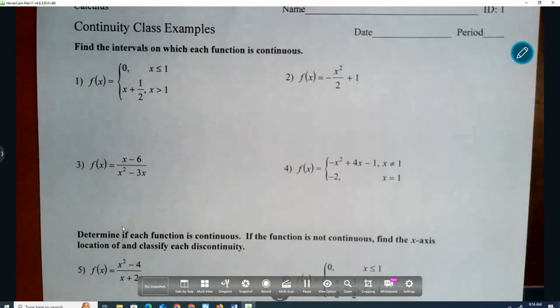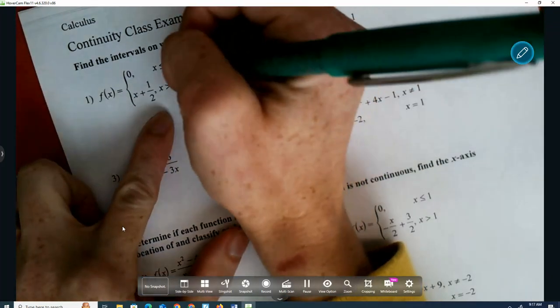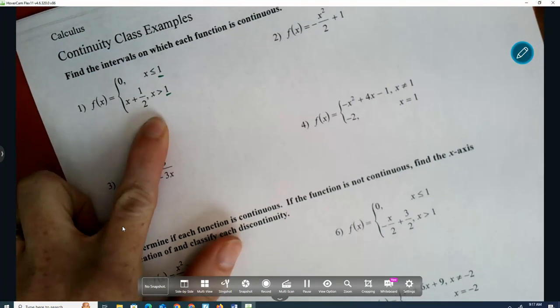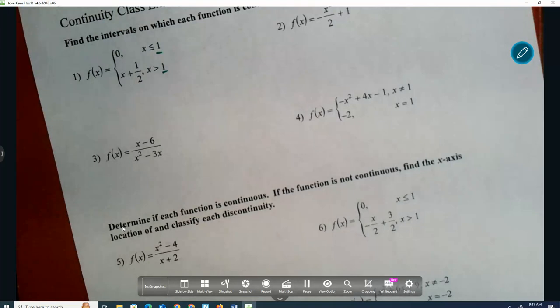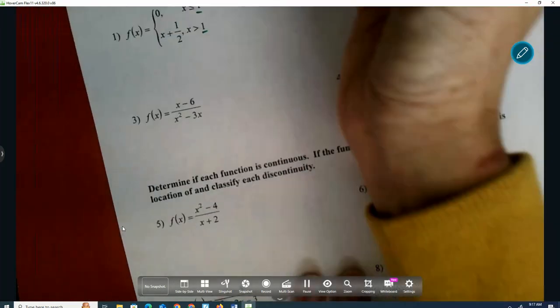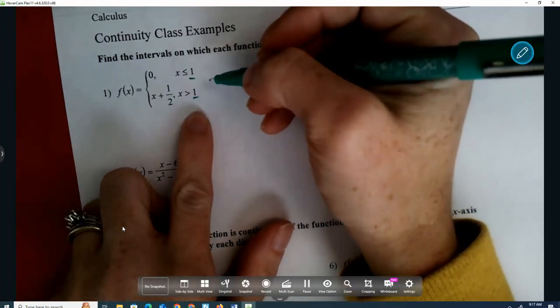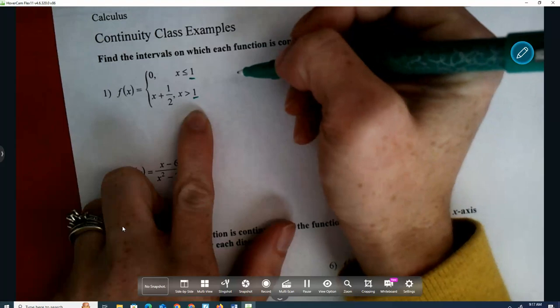if you have a piecewise function, where do you think the issue might be? The 1. When you have a piecewise, when you jump from one piece to the next, is where you could potentially have an issue. Now, is it possible to have a piecewise function where the two pieces line up? Yes. So that's the only place where it might not be continuous. Let's check. I know on this one, if I put in 1, I get out 0.